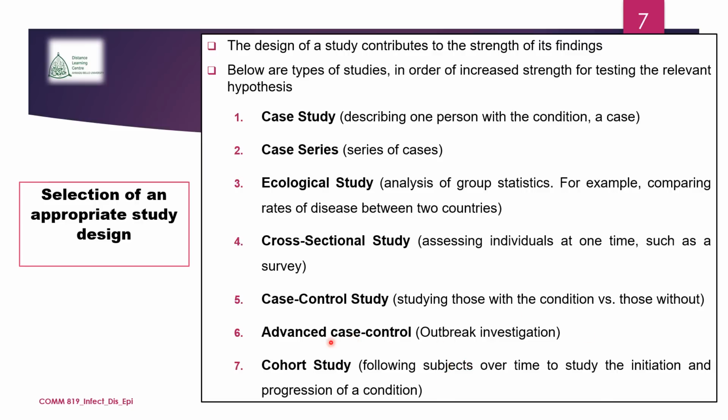So this cohort study usually is very expensive and is the most advanced of all these studies. It can be in retrospect, where you backdate and see what actually happened, or prospective, from present to future. But the cross-sectional study and case control study are the most commonly used observational studies.